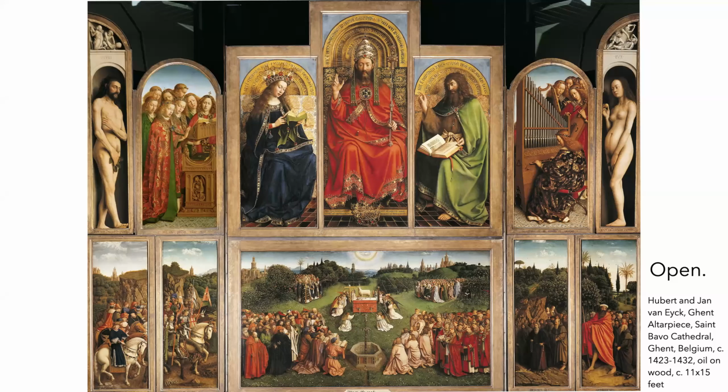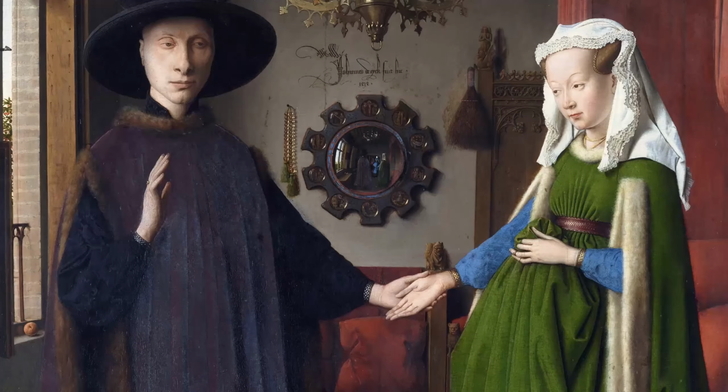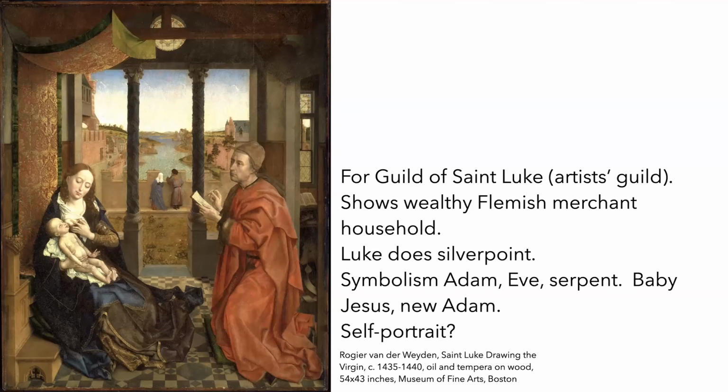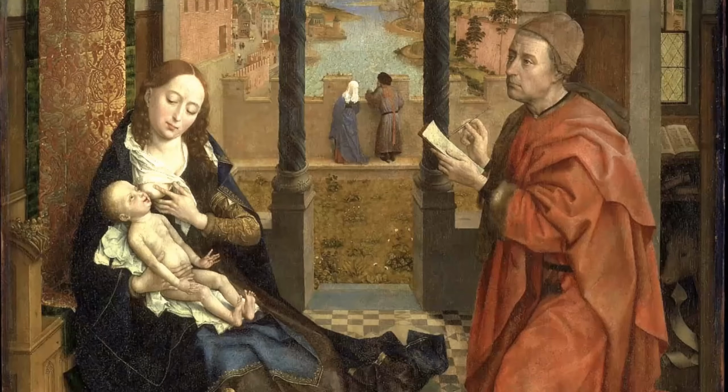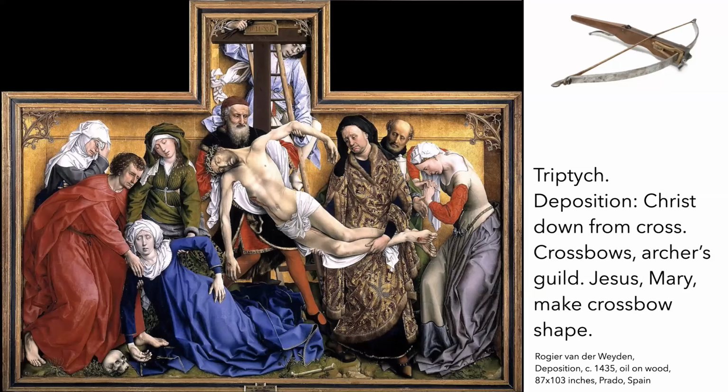So a lot of the artwork could combine the idea of the Old Testament, old Adam and Eve, with the new Adam and baby Jesus. So that's what's happening here. Some of the details in the painting, which we can't see on screen, show the idea of Adam and Eve and the serpent. And then Mary has the new Adam, the birth of Jesus. And again, maybe a self-portrait. Not certain, but maybe a self-portrait. We just don't know for sure.